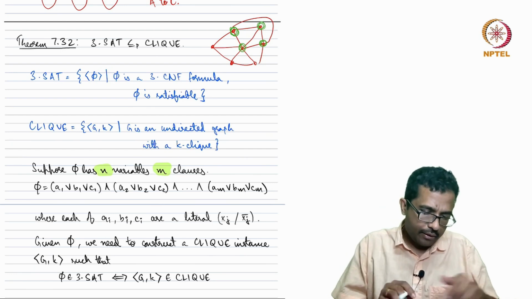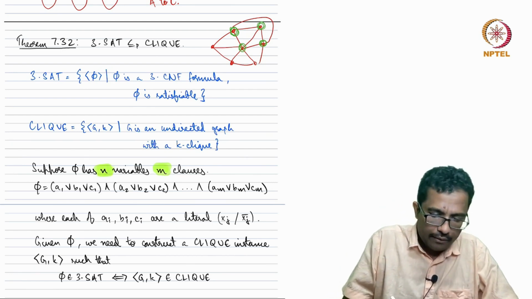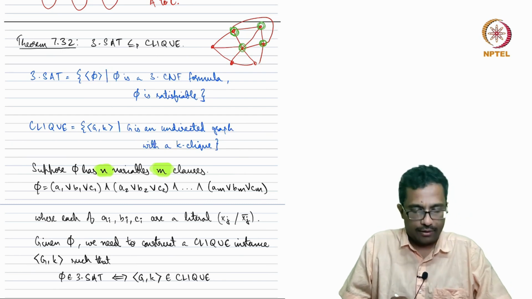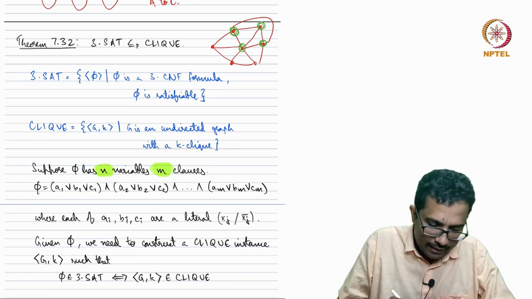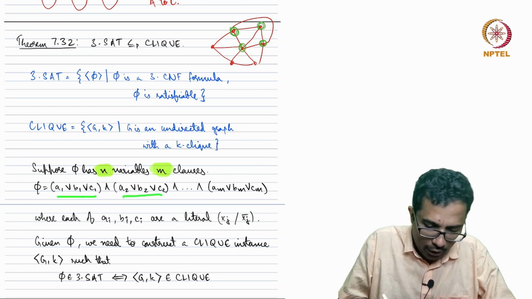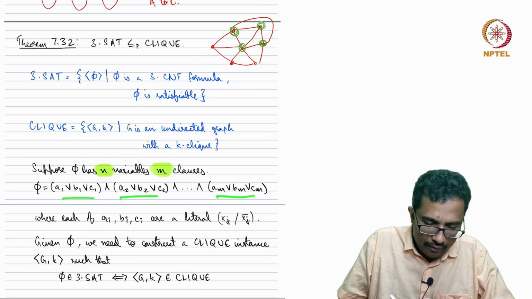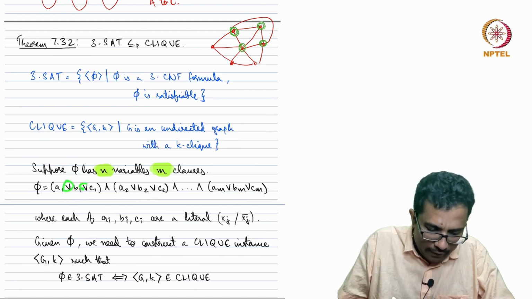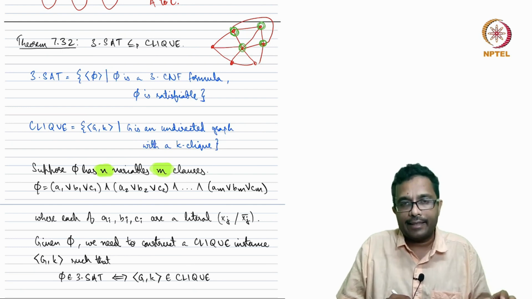Suppose we say that n is the number of variables of the given formula and m is the number of clauses. Remember, the Boolean formula is in 3CNF form, where we have an AND of clauses, where each clause is an OR of literals, and further, each clause is an OR of 3 literals, right?